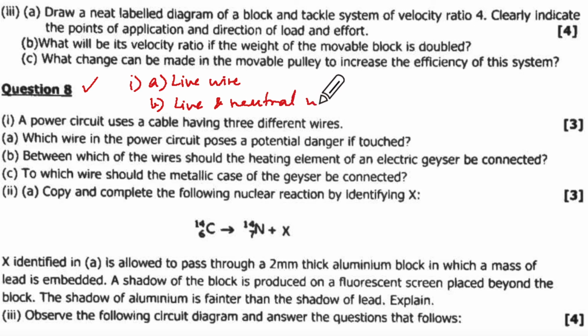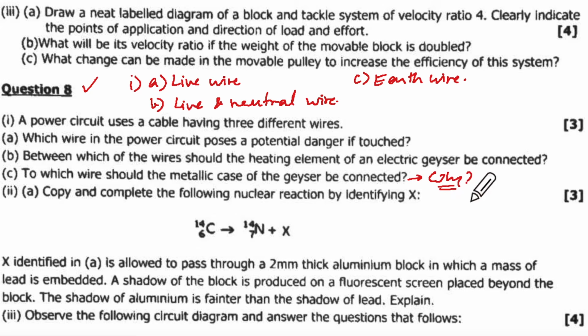Casing means earth, correct or no? Yes, ma'am. Between which should the metallic case be connected? Now remember, they can ask you why also. And then you should be able to learn those reasons by heart.